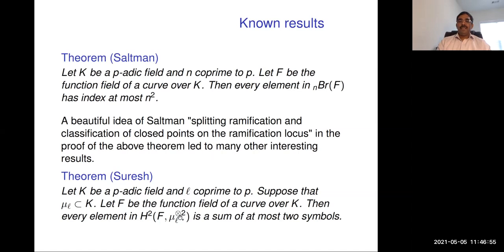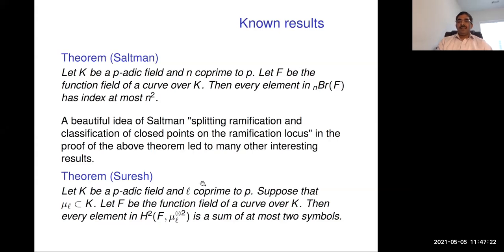So as I said, if l is 2, it follows from Albert and the Saltman theorem that everything is a sum of 2 symbols. But for any l, we have the following theorem, that anything is a sum of at most 2 symbols. It doesn't just follow from the period-index bounds, so we need more things. We need this classification of points, what Saltman calls hot points, cold points, chilly points, and so on.